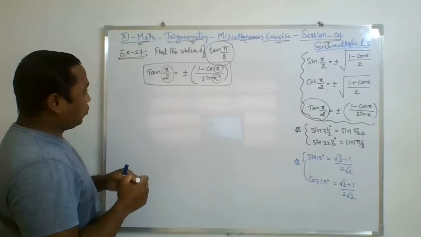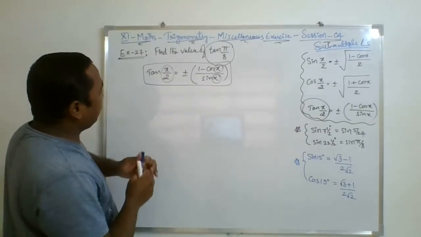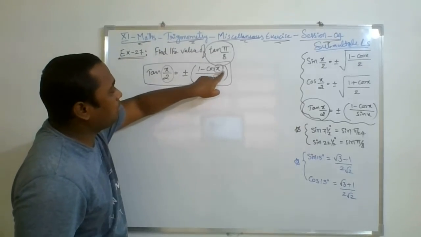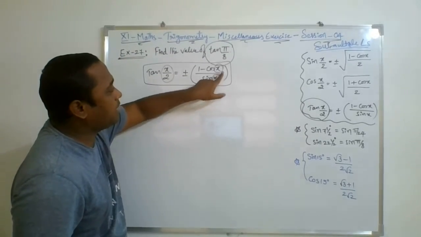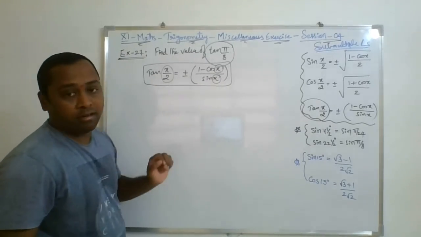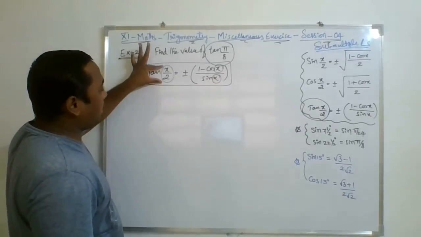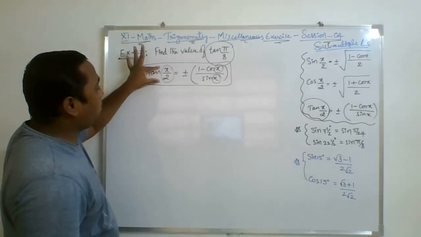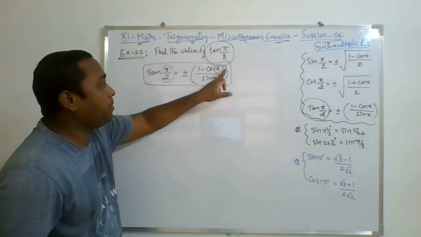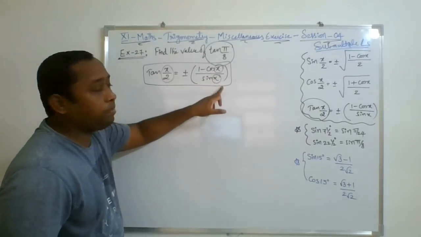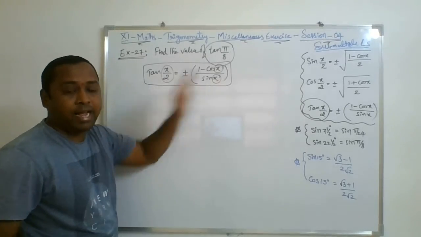The left side is half of x, but the angle involved on the right-hand side is x only. It means double of this angle. If it is pi by 8, this will be pi by 4. If it is pi by 4, this will be pi by 2. If it is pi by 2, this will be pi. So it is double of this angle.